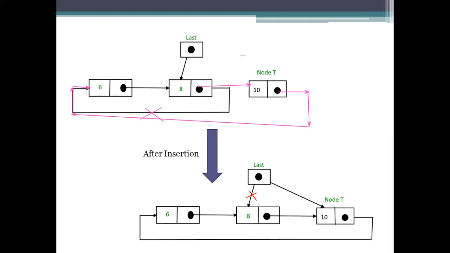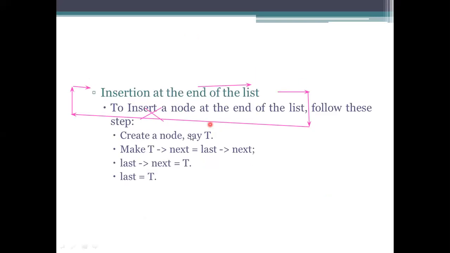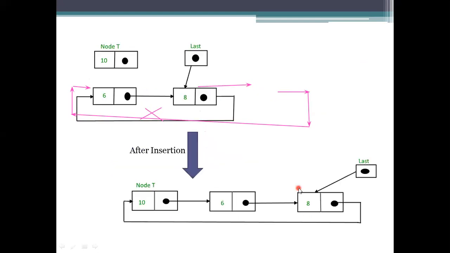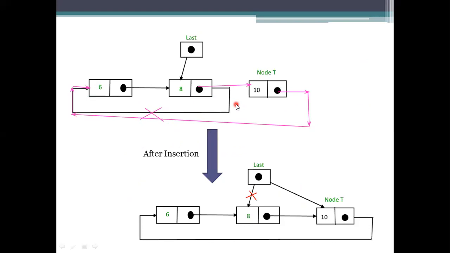So here, see how we are going to perform. If you see the algorithm also, it is performing like that. So first we need to create the node. Yes, I have created the node. What is that? T's next node will be last one's next node. So here, what is the T's next node? This one. So here, we should take a new link forwarded to the 6 here.